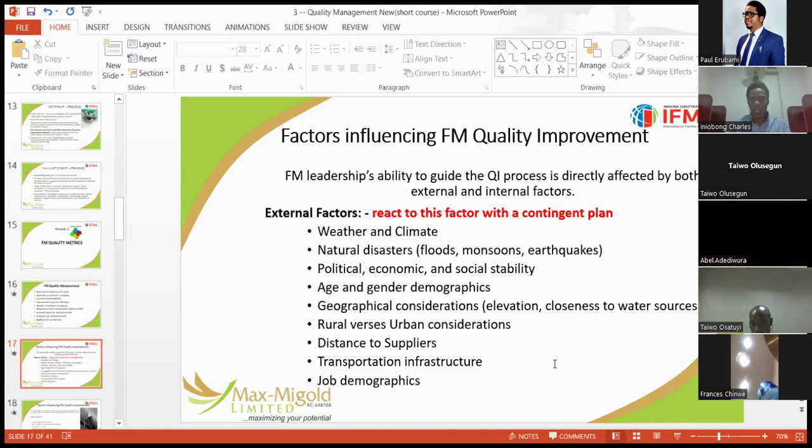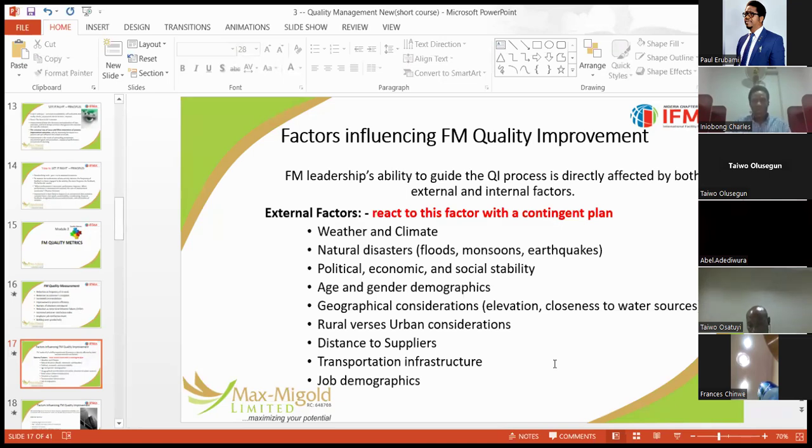Factors influencing FM quality improvement. We talked about it a little. For example, the external factors. What are the external factors that affect FM quality? Because there are certain things you want to do, and with these external factors, you can never get a good result. It's just like somebody that is doing cleaning on a rainy day, on a muddy environment. That person is going to work, and it will seem as if he's not doing well.